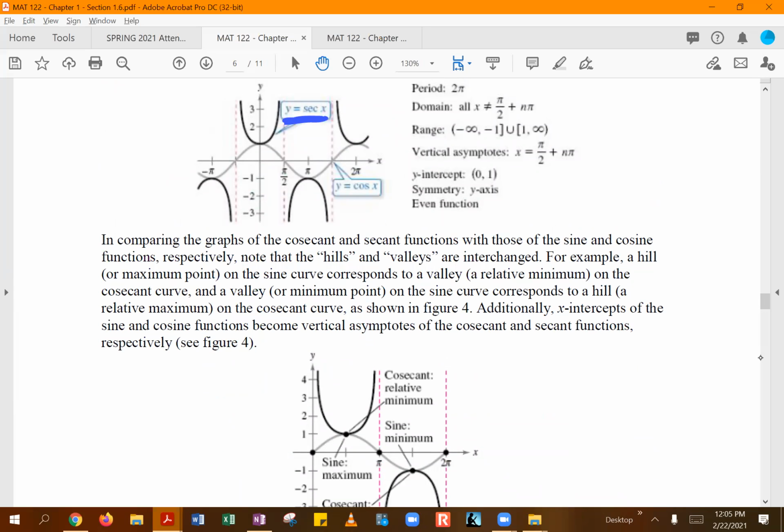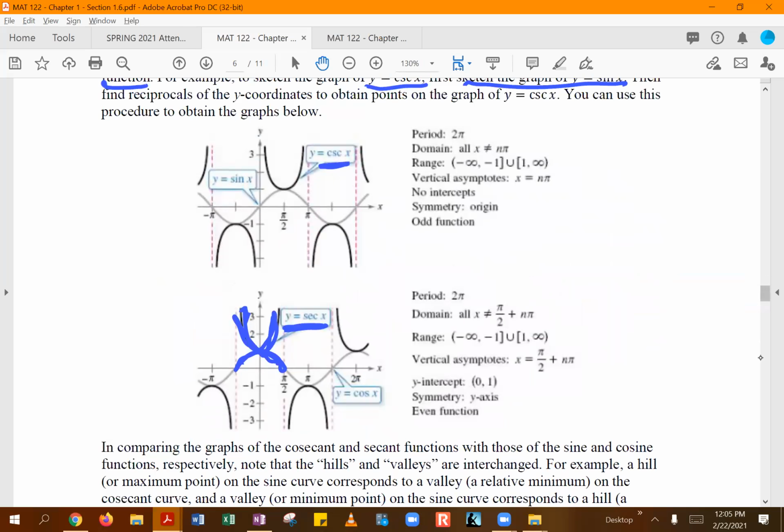So the idea here is wherever you see a hill on a sine or cosine function, that will create a valley on that reciprocal function. And if the original function has a valley, which is where we normally have that minimum point, that becomes a hill on your reciprocal function.